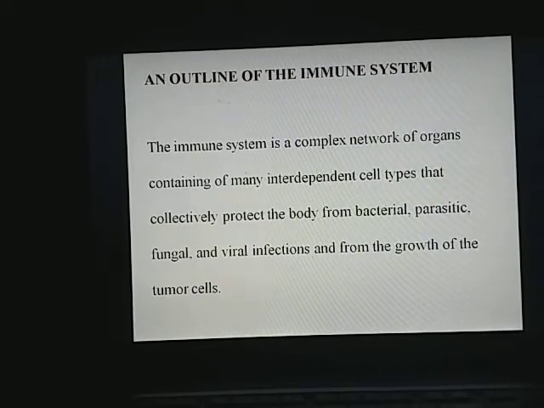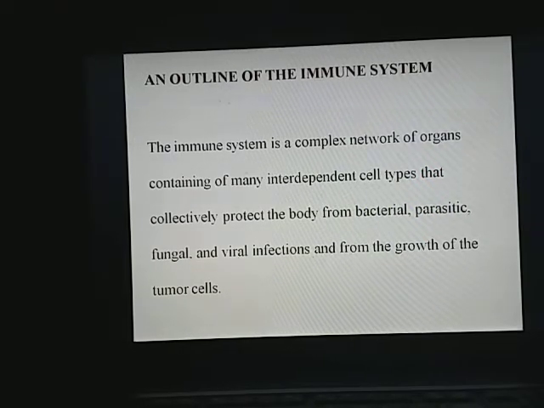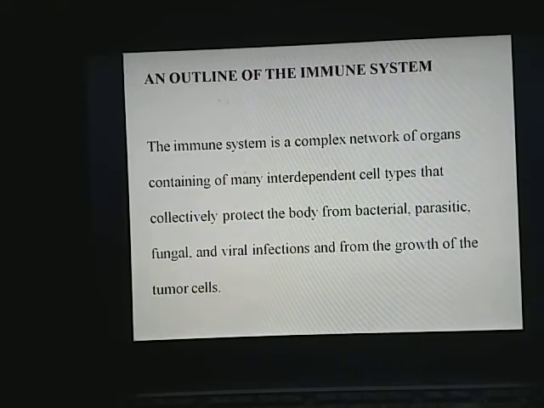An outline of this immune system: it is a complex network of organs consisting of mainly interdependent cell types that collectively protect the body from bacterial, parasitic, fungal and viral infections, and from the growth of tumor cells.